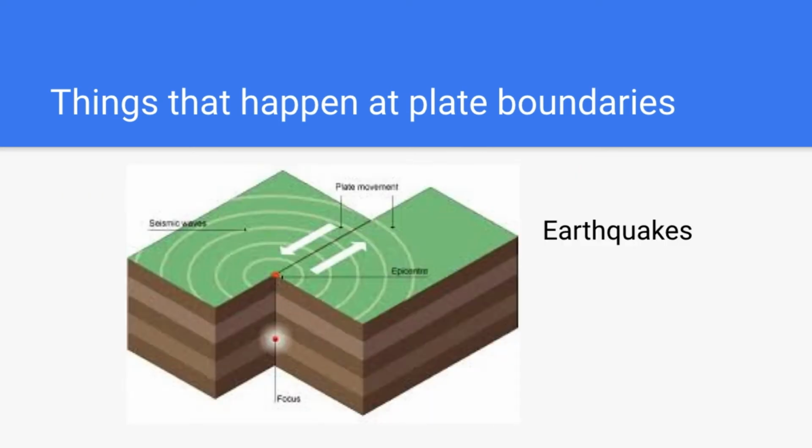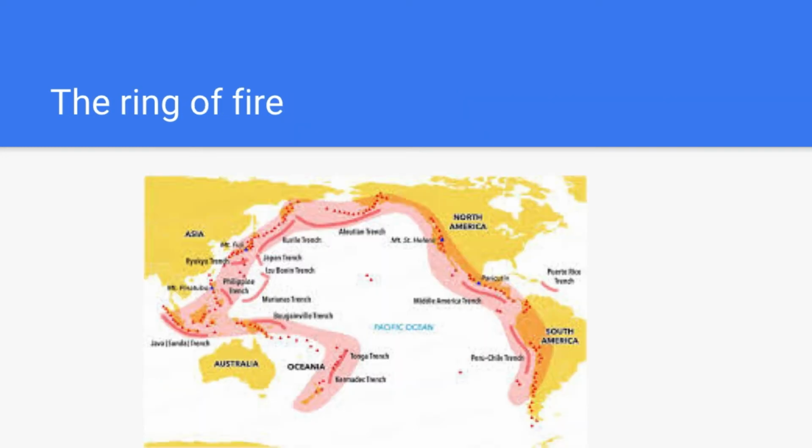So what are some other things that happen at plate boundaries? Earthquakes. And what's going on? Why don't you explain to me what's going on here? When the plates slide, they don't slide nicely. They collide. Yeah, and have friction, which causes an earthquake.